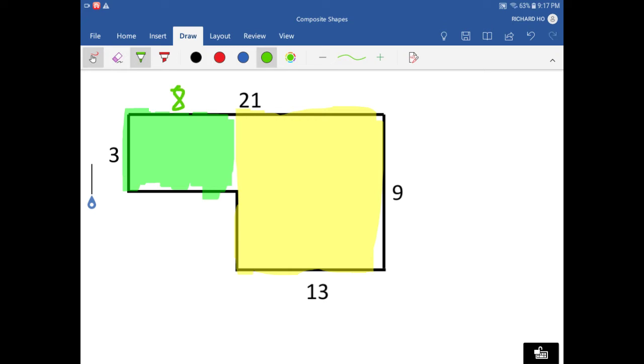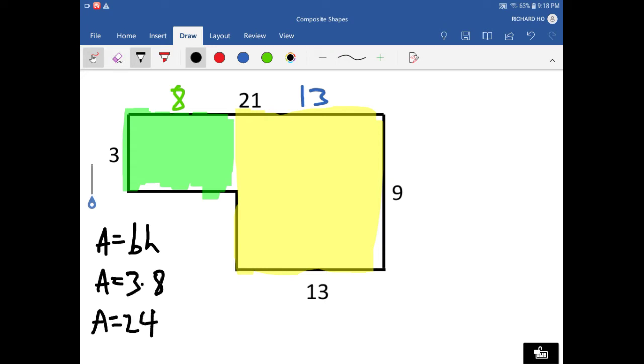The length of the yellow, I probably shouldn't have used yellow there. The length of the yellow is 13. So the yellow is 13 by 9, and then the green is 3 by 8. So 3 times 8 is 24, because area equals base times height. So area is 3 times 8. Area is 24.